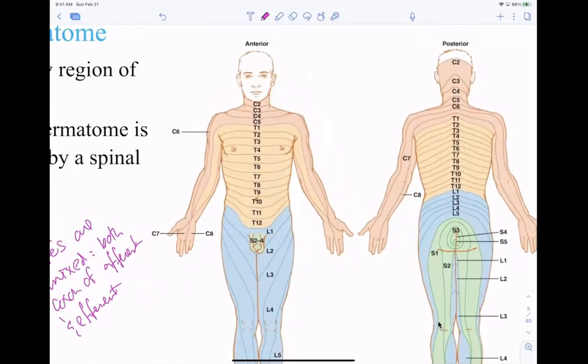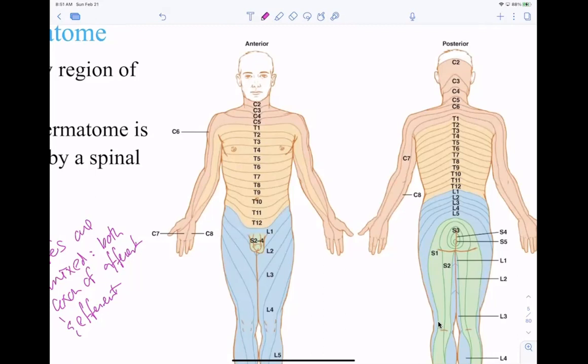Those axons of those sensory receptors are coming in to a specific area of your spinal cord in between two vertebrae. And so if it's coming in between the skull and C1, it's cervical nerve 1. If it's C2, it's coming in above C2, below C1.